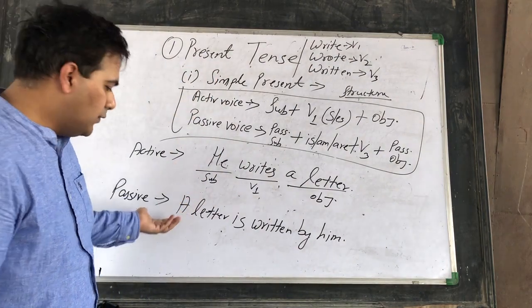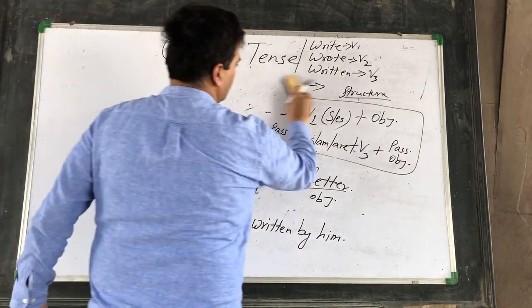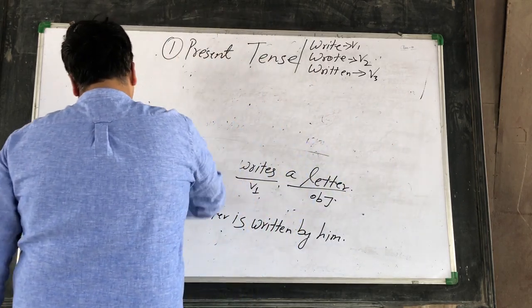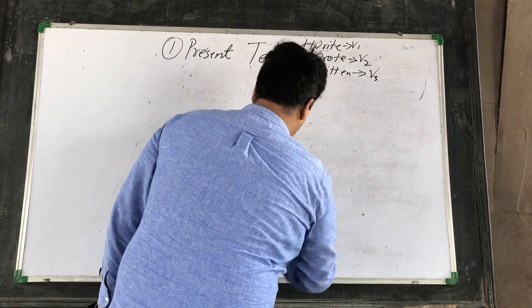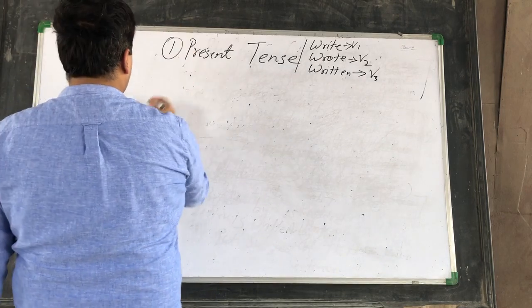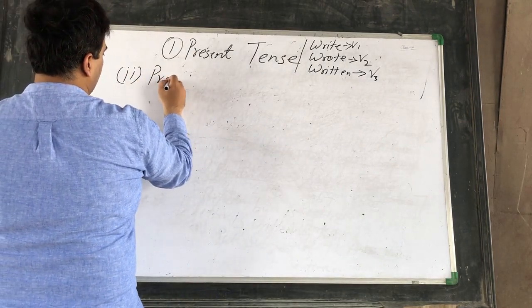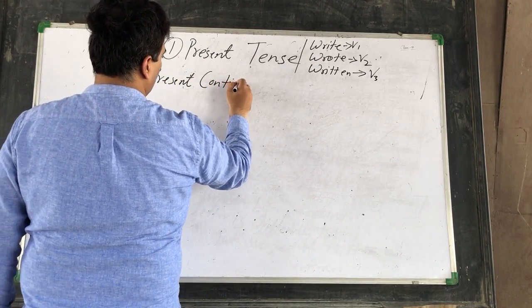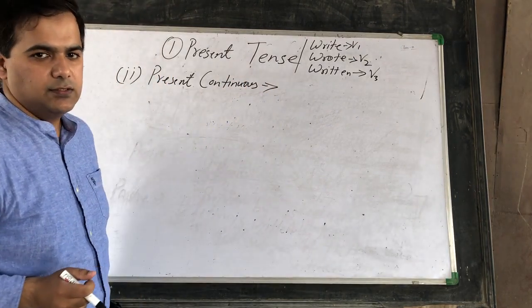Let us move towards the next tense. The next category is present continuous.